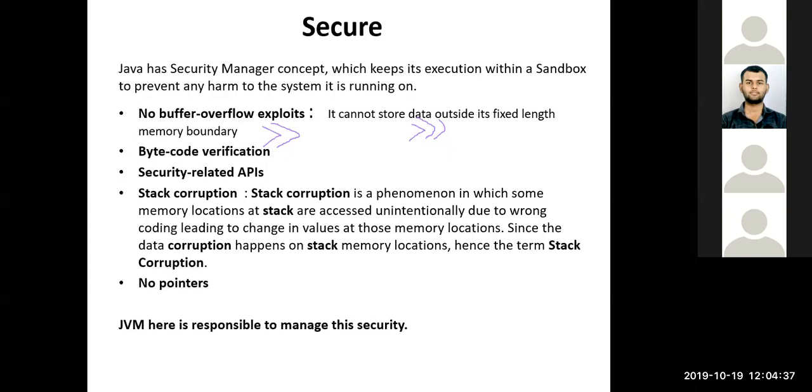When you interpret it with the help of the Java interpreter, JVM understands that there is some change in the bytecode, so this is not a genuine bytecode which it should execute. In that way, it saves that class from execution and saves the underlying operating system. Bytecode verification is one of the strongest features which makes Java secure.